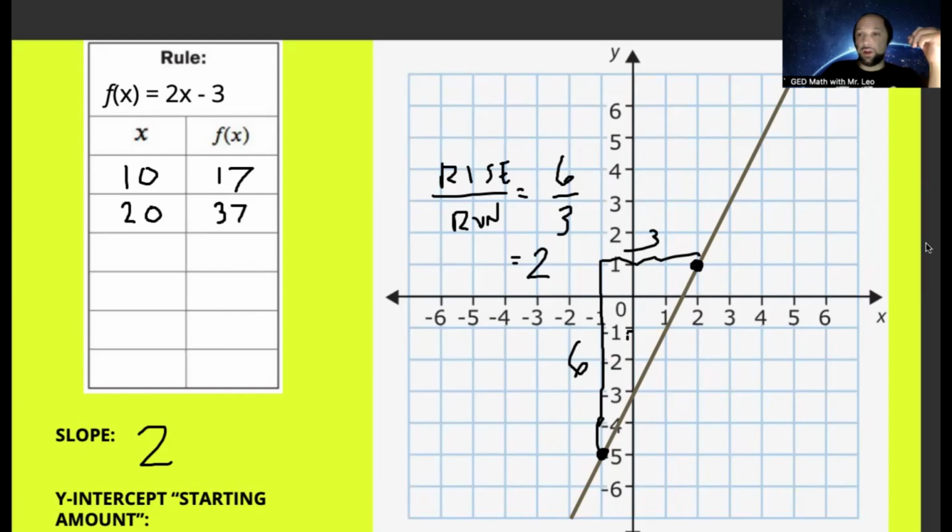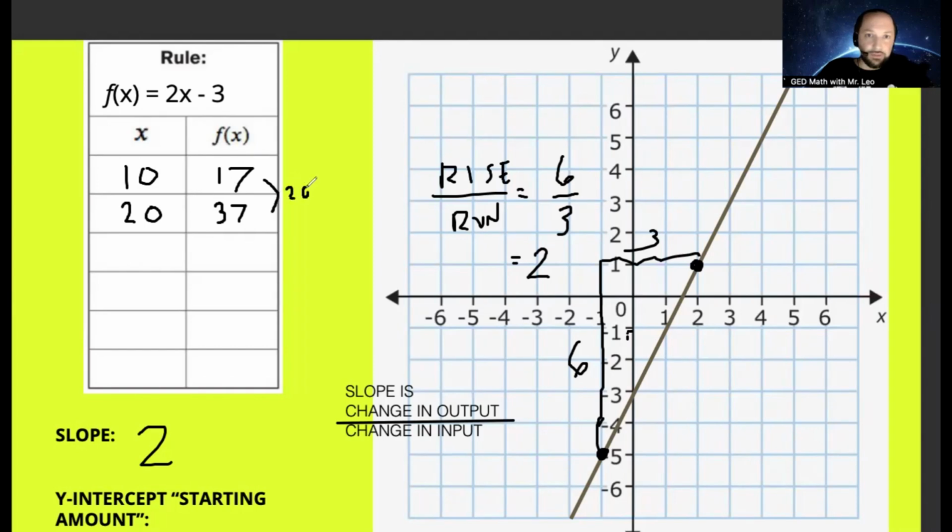Okay. And now we're going to look at this format for slope. Remember, slope is change in output over change in input. These are all different ways we find slope. So looking over here, I'm doing this math in my head. Feel free to write it down, write it out. This change in input here looks like it increased by 20. And over here, I'm sorry, I misspoke.